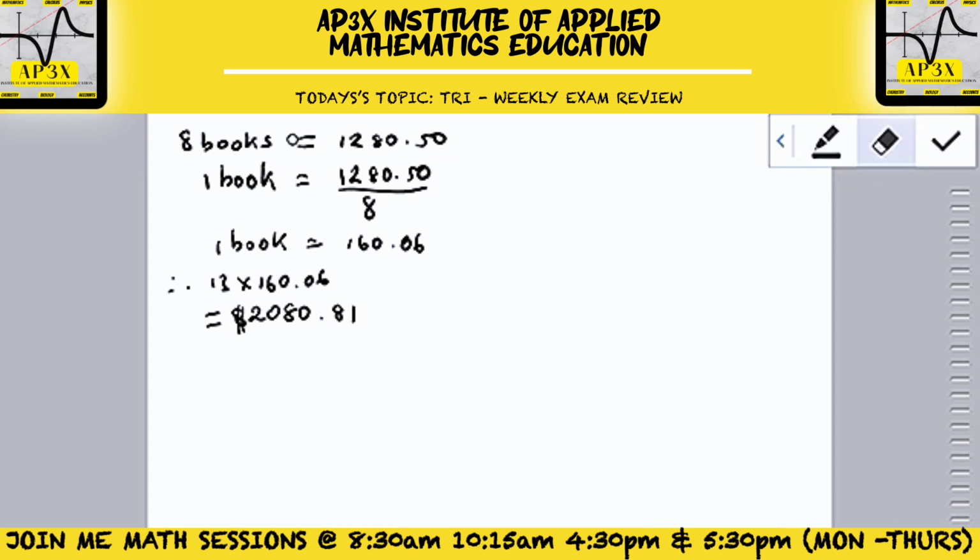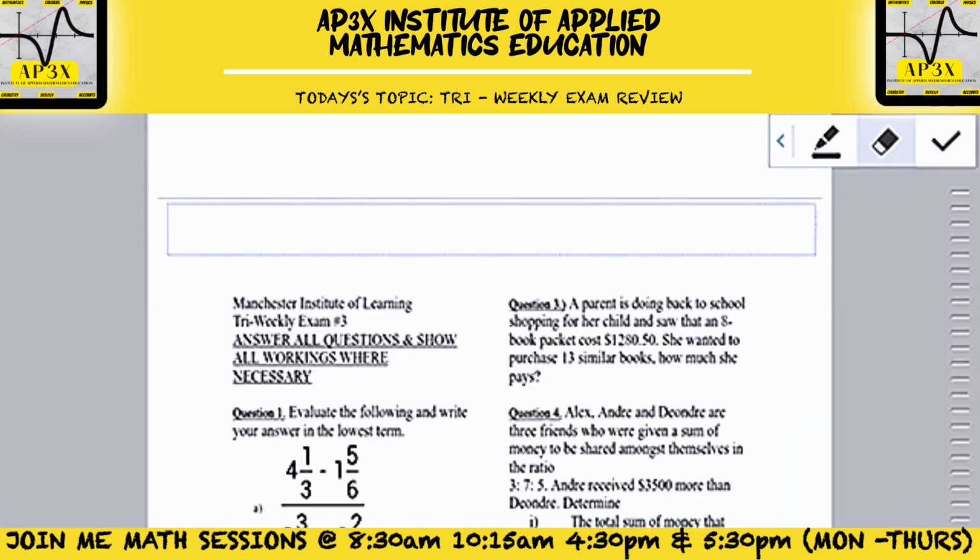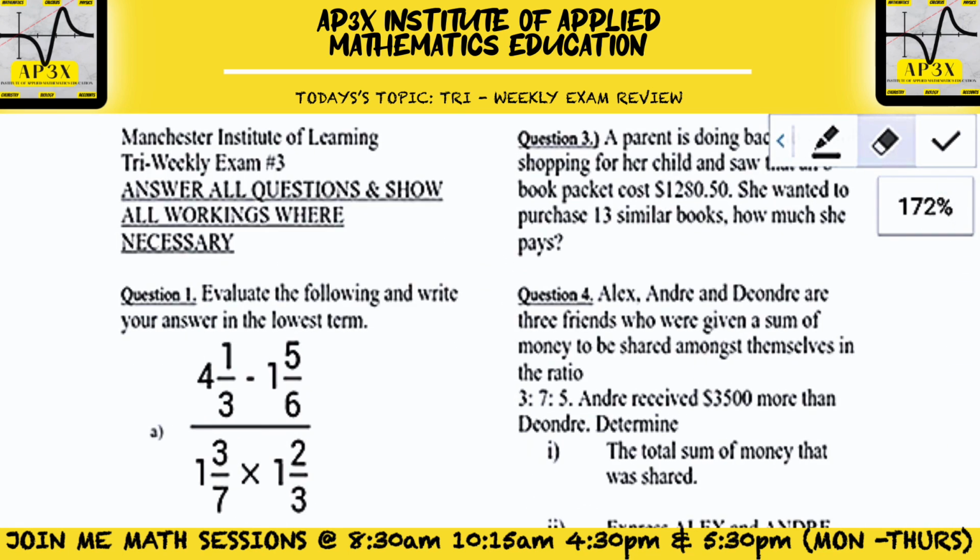Let's just quickly erase this from the screen because we're going to need some space for this question. And so as we get into it, let's just give it a good read. We're looking at the fact that 3 students were given a sum of money to be shared amongst themselves. And these 3 students are in fact Alex, Andre, and DeAndre, 3 students that are currently my students in the 2023-2024 exam.